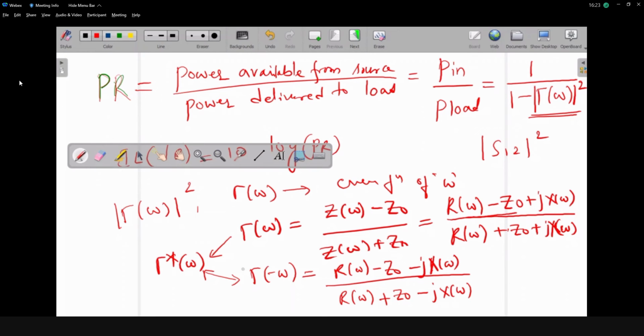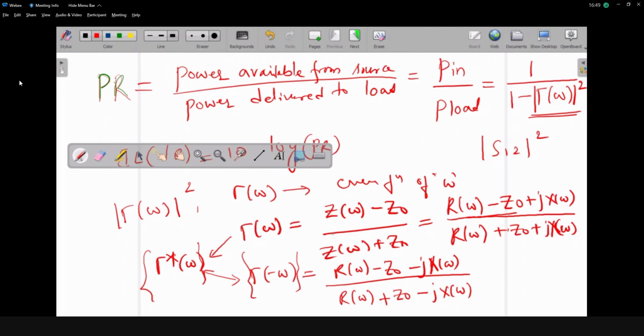So now you can see this Γ(ω) is the complex conjugate of this, which is nothing but Γ(−ω). Because this resistor part is a real part, it is an even function. Now X(ω) is also an even function, so both of these will have the same expression.